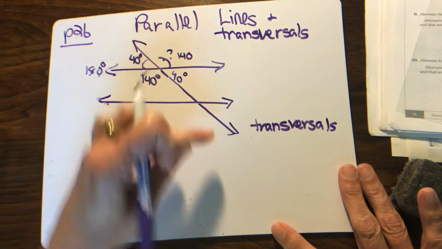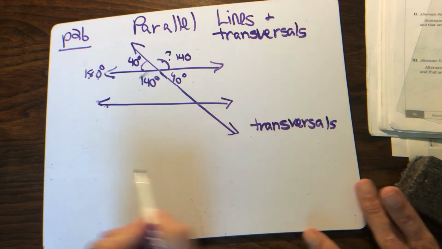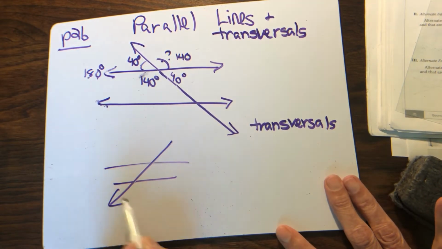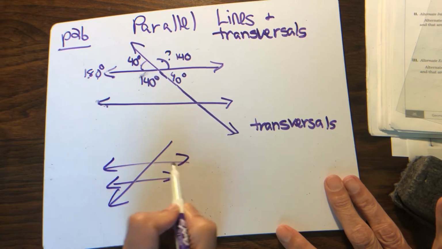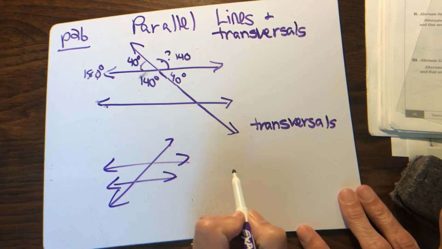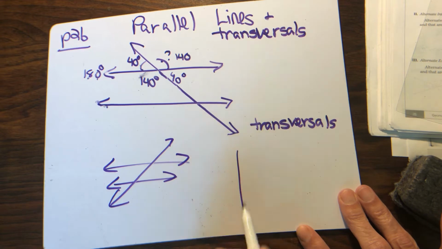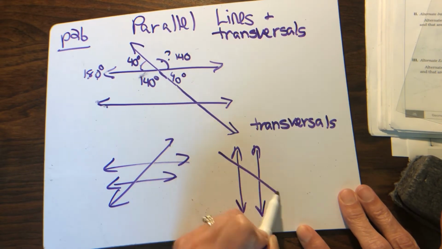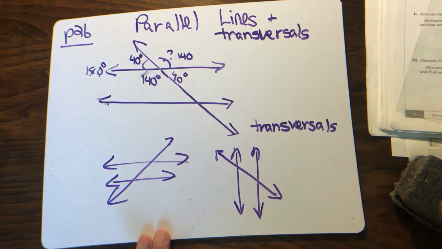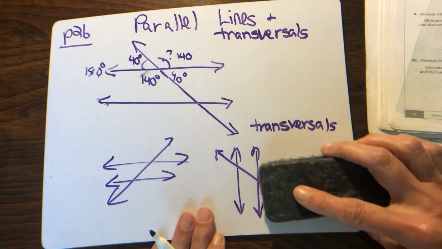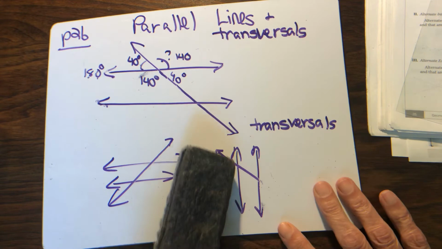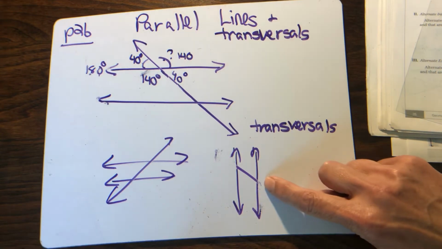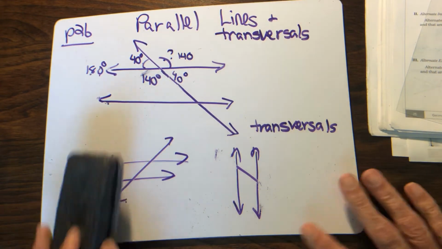Now, mine's going in this direction, but it could go in any direction. So it could look like this, okay? Your parallel lines could be up and down this way, and it could go this way. One thing they like to do to try to throw you off is they'll cut off the ends so it looks really different, but it's still the same thing.